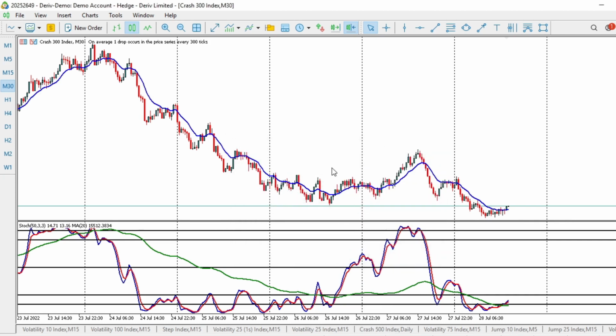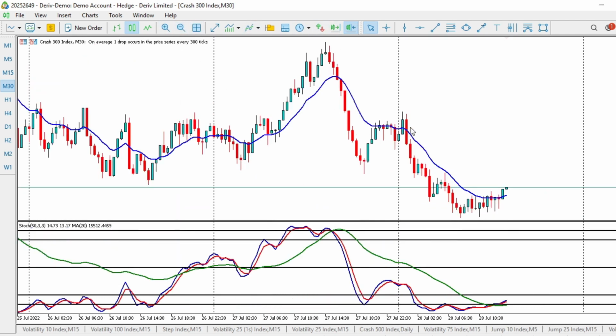This indicator, period 13, helps us with price. If you love price action and do your analysis very well, what do you wait for? Once the moving average has crossed the stochastic down here, you've gotten your first indication.